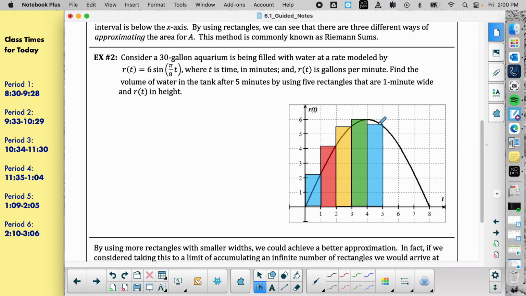Now, to me, this section feels really useless, because we're going to learn how to find the exact area. And instead, we're taking a lot of time to figure out how to estimate with rectangles. And it feels kind of dumb to do this, but it doesn't matter. 1, it's on the AP test, so you have to know how to do it. 2, strangely enough, this is actually what leads you to figure out the exact area.